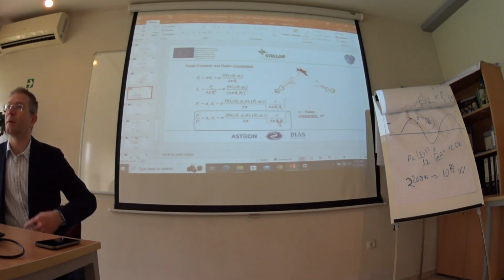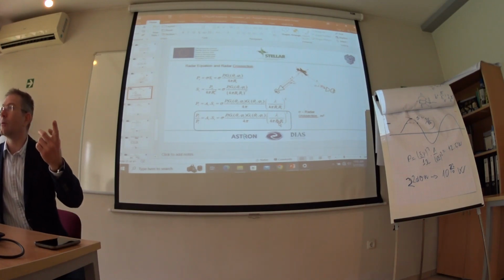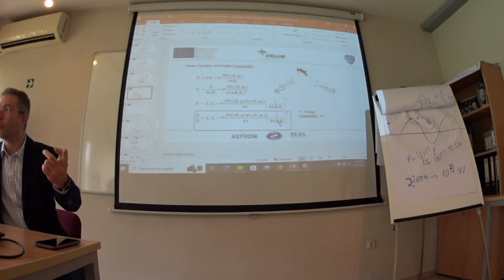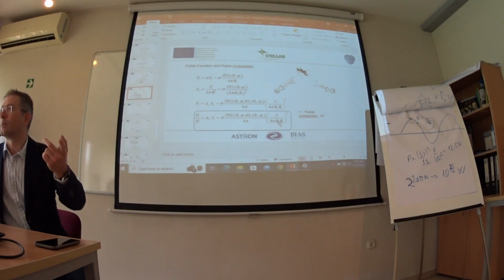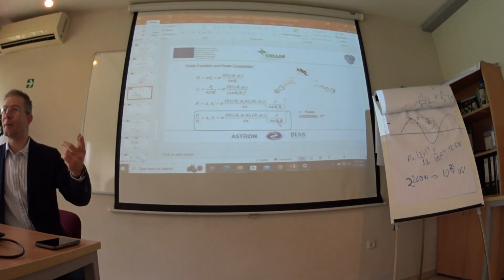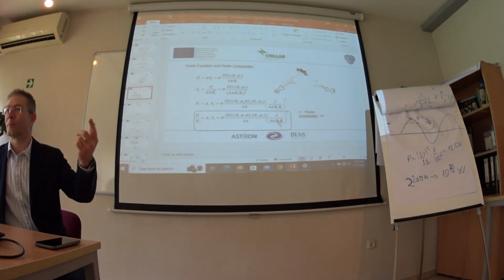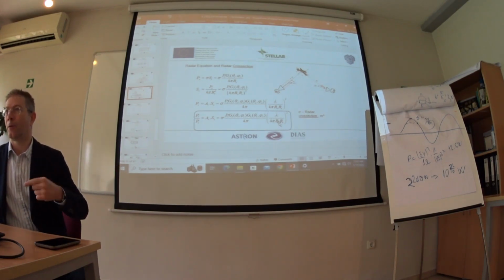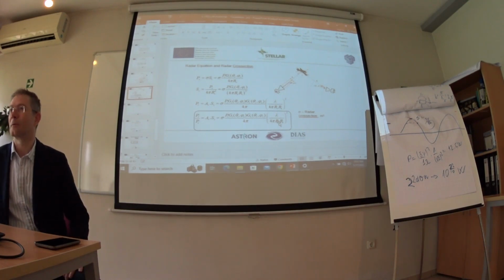So the loss will be not on power of 2, but the power of 4. That's why detecting things with radar is so hard, because the power decreases with the 4th power of the distance.